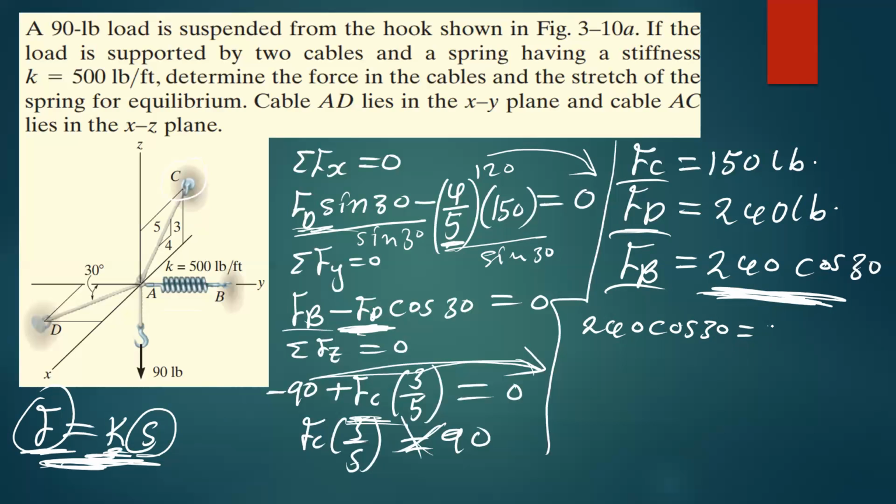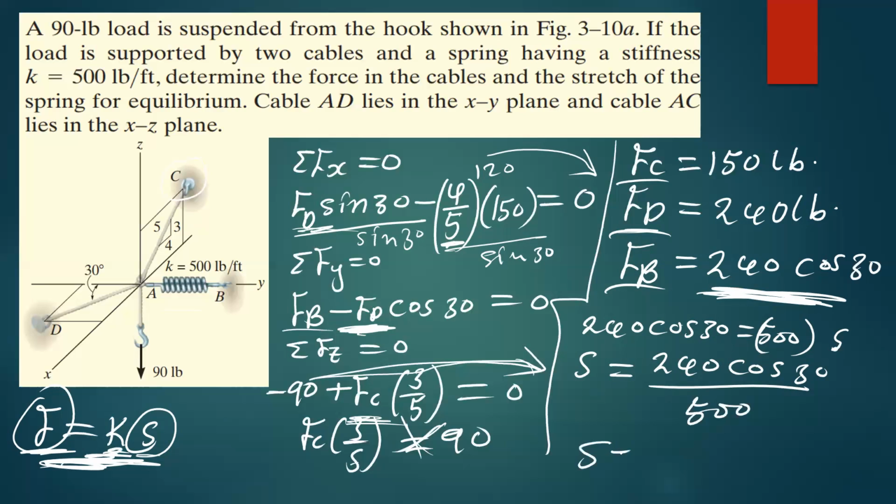I'm trying to make S the subject of the formula, so the stretch is going to be equal to 240 cos 30, everything divided by 500.